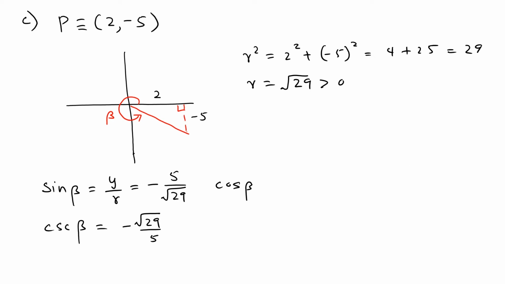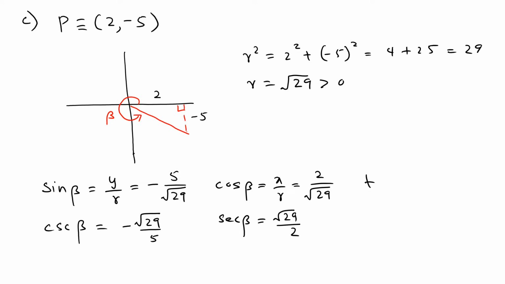And then cosine beta, which is x over r, which is 2 over square root 29, and the secant beta, which is square root 29 over 2.